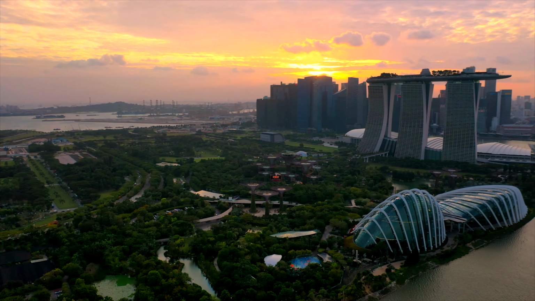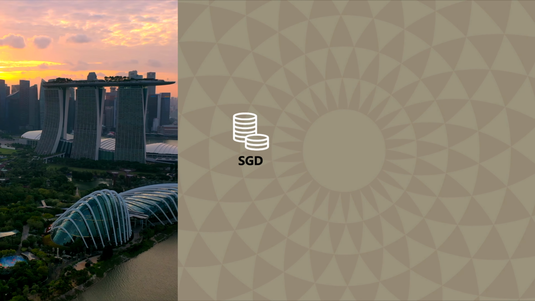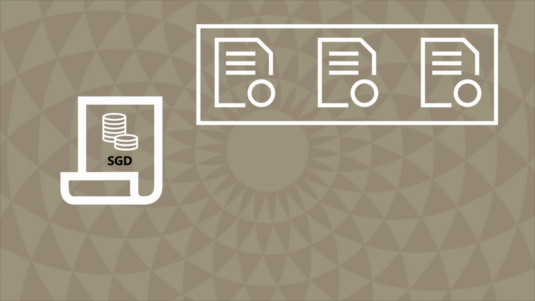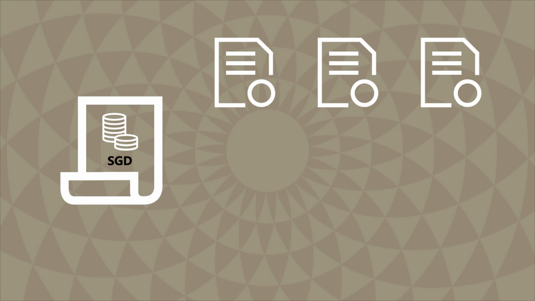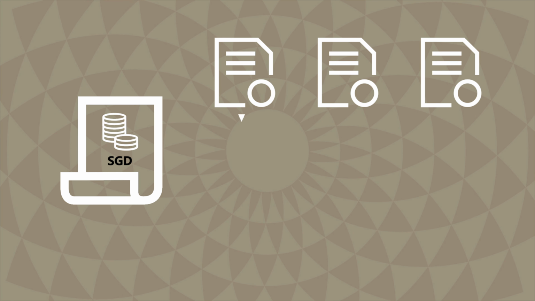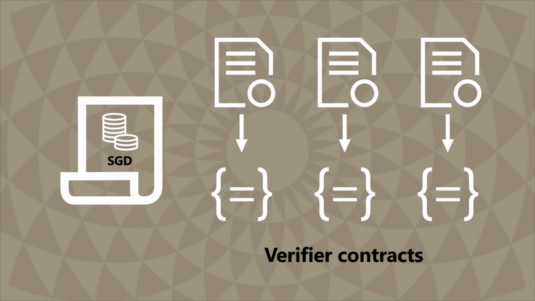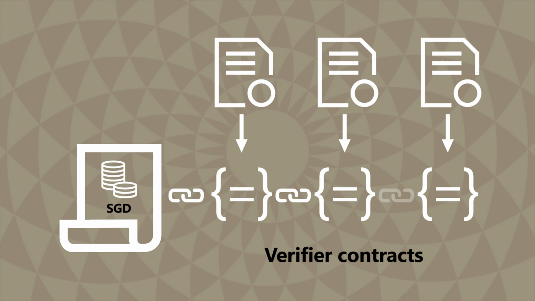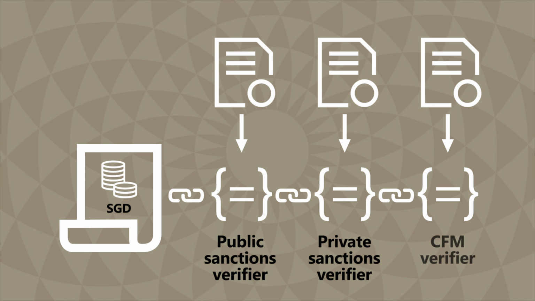The process starts with the originating bank in Singapore, which wraps the SGD with a smart contract policy wrapper. This wrapper breaks down each proof in the proof set and sends them to the appropriate verifier contracts. These verifier contracts are deployed on the same chain as the policy wrapper, with each policy having its own dedicated verifier contract.